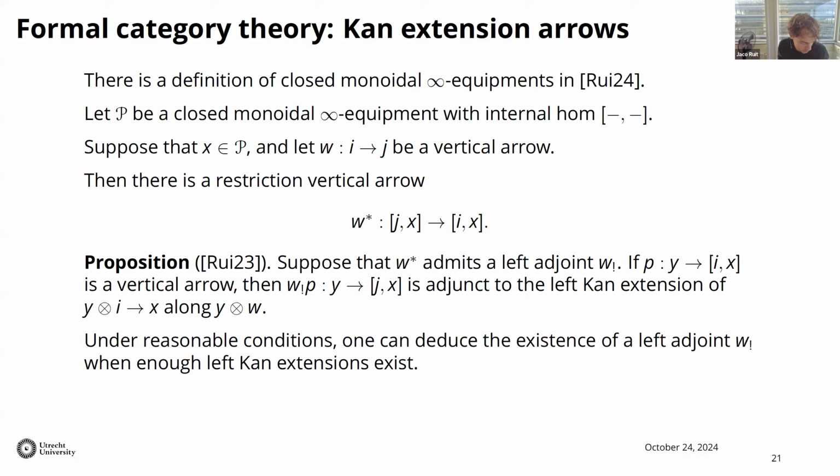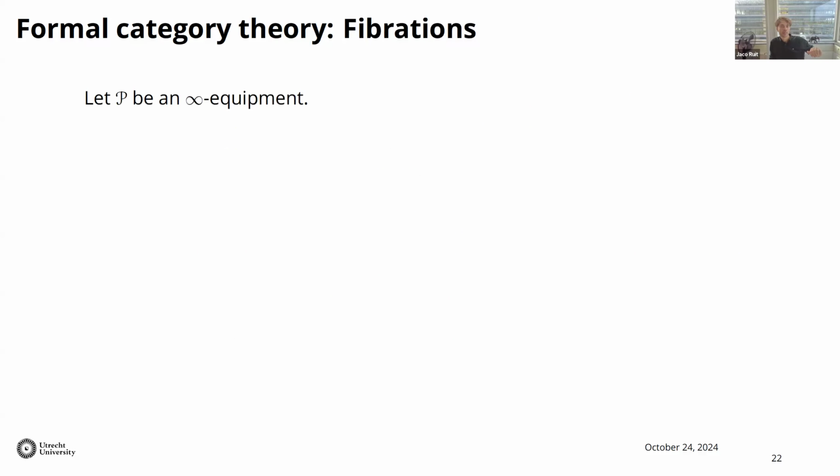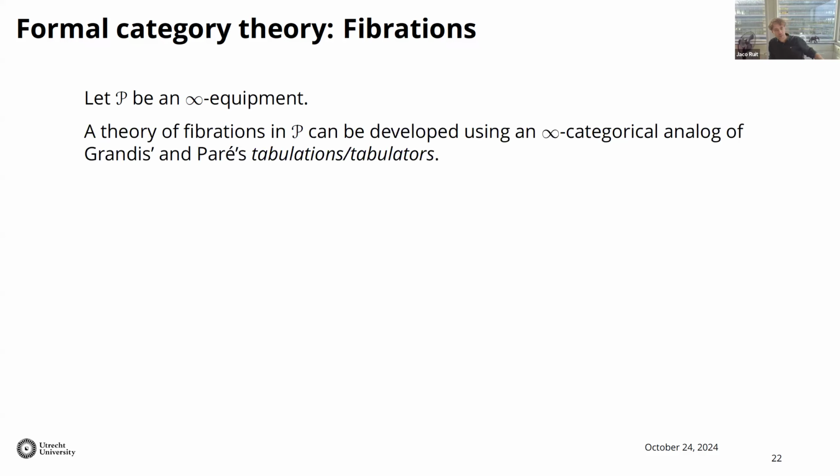Then I'll try to be quick and say a few words about fibrations and just give you some idea of how you can make sense of this. And so again, we start with P, an infinity equipment, and then you can develop a whole theory of fibrations using some infinity categorical analog of Grandis and Paré's tabulations, or they also call them tabulators.